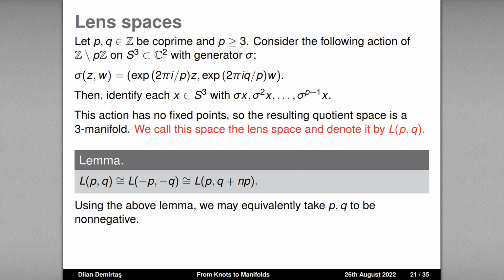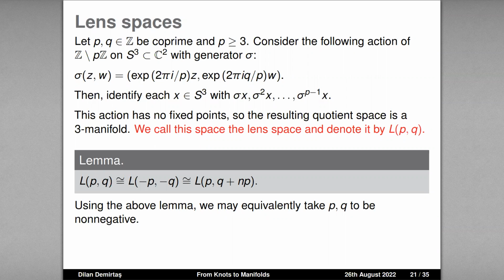Then we identify each X on the sphere with sigma X, sigma squared X, up to sigma to the P minus 1 X. Now this action has no fixed point since we took P and Q co-prime. This rotation always produces new points on the sphere. The resulting quotient space will be a 3 manifold. And we call this space a lens space and denote it by LPQ.